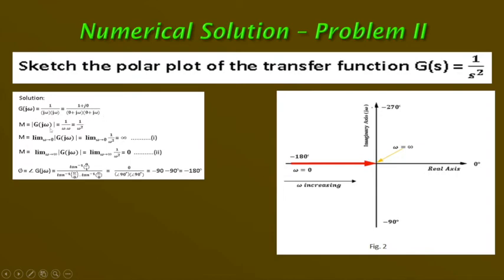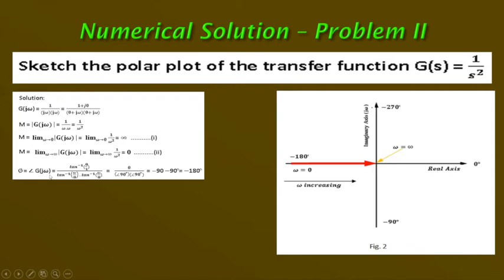Then taking magnitude, we get 1 by root over omega square into root over omega square, which is omega into omega, equal to 1 by omega square.